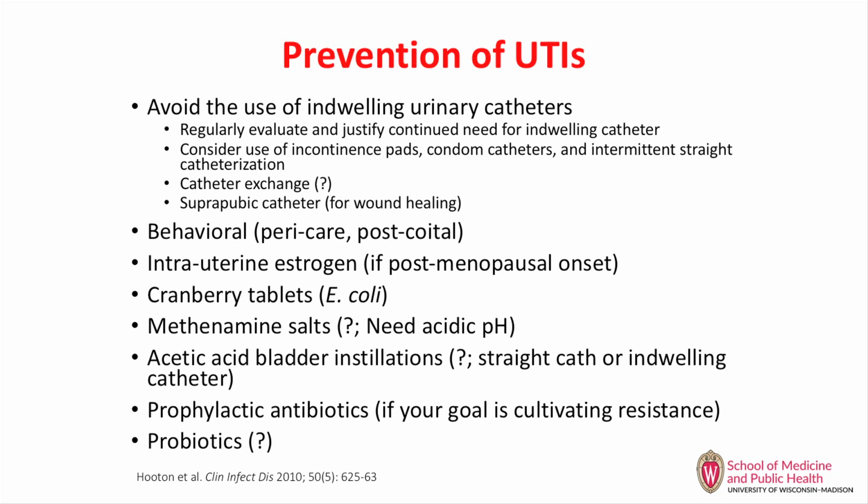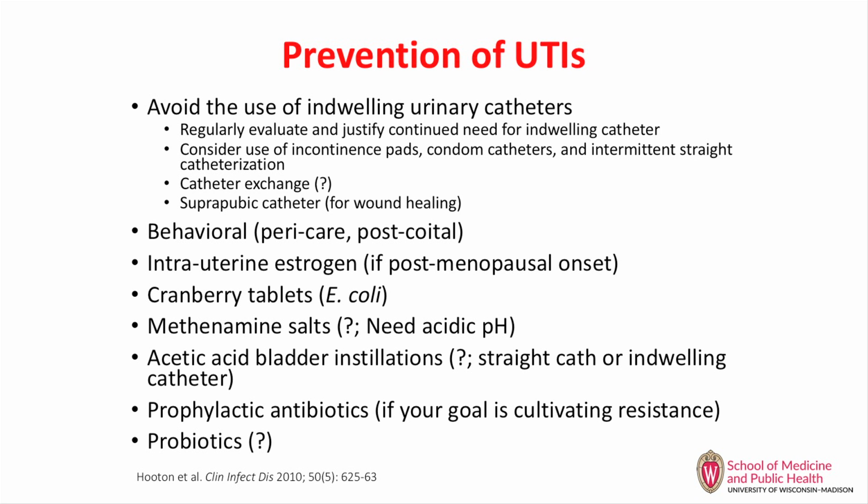So prevention of UTIs, we all know, avoid the indwelling catheter. And I think skilled nursing facilities have actually done a really nice job of getting catheters out. I'm hard pressed to find facilities where there's a lot of unnecessary catheter utilization. Again, there's no data that suprapubic catheters reduce the risk of symptomatic UTIs, so I tend not to recommend their use.